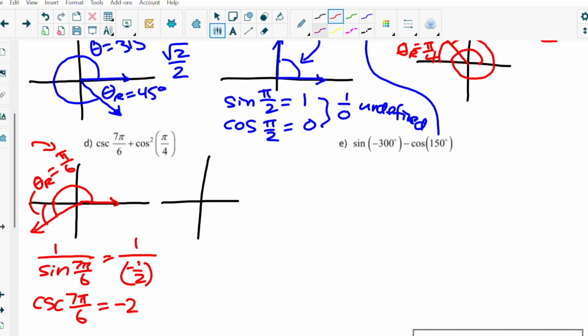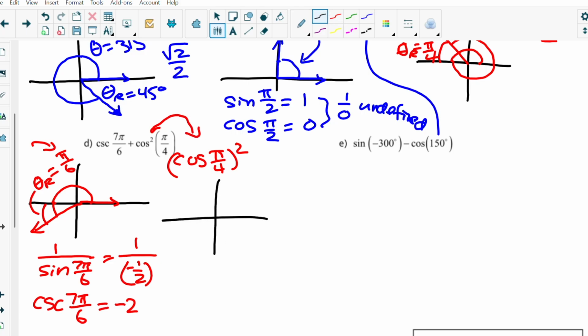Cosine squared of pi over 4. Let me just note the detail here. Notation wise, it's the same as saying cosine of pi over 4, all of it squared. So when I sketch this out, I'm just going to look at pi over 4.